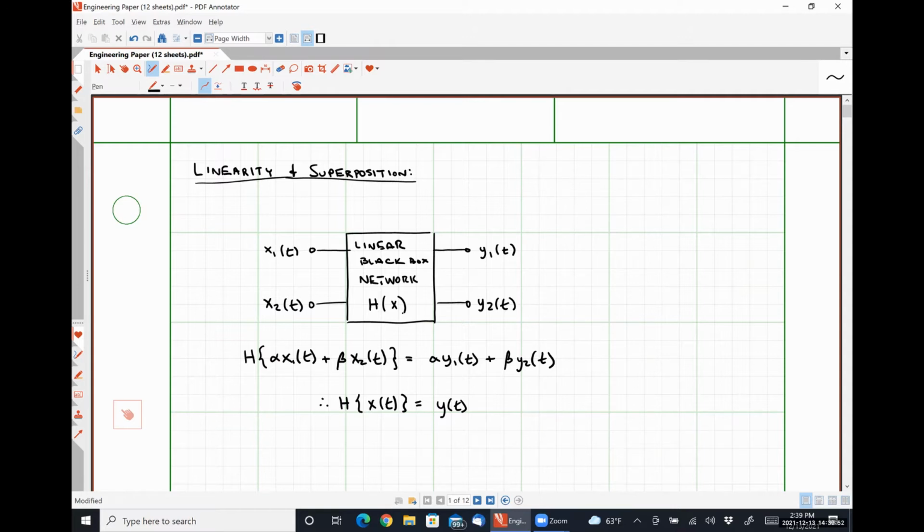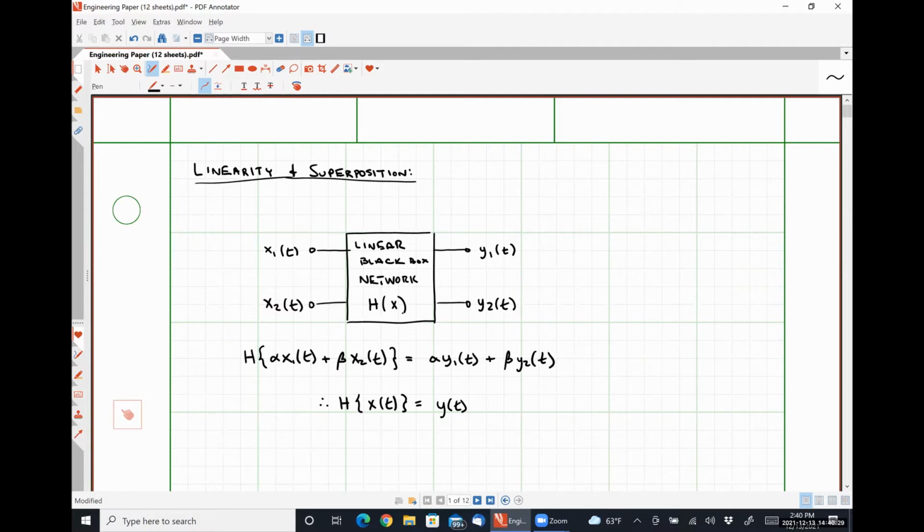And beta multiplied by x2 of t just means that we've scaled that second input by a different amount than we scaled the first input. Okay? So what we're saying here then is that if our system acts on a scaled version of input 1 and a scaled version of input 2, and produces an output that is simply the sum of the scaled version of output 1 plus the scaled version of output 2, we have a linear system. I know that seems weird, but it's actually a very, very powerful statement.